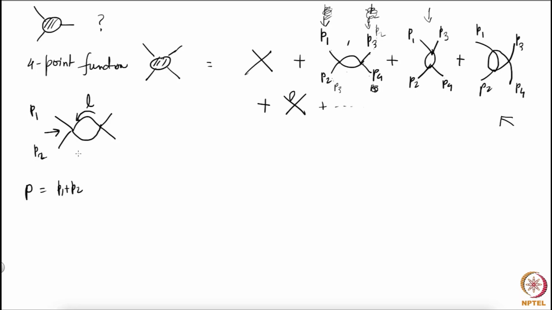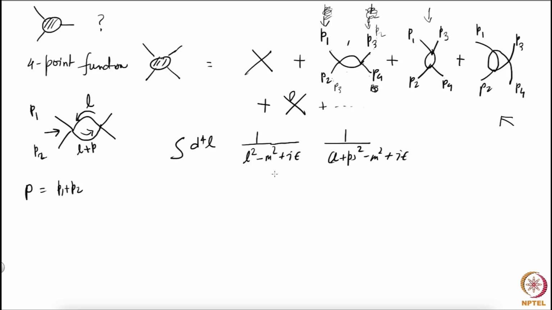Then you have L plus P flowing this way. Okay, and again let's write down the integral. It's d4L, 1 over L squared minus m squared plus i epsilon, and then you have 1 over (L plus P) whole squared minus m squared plus i epsilon.